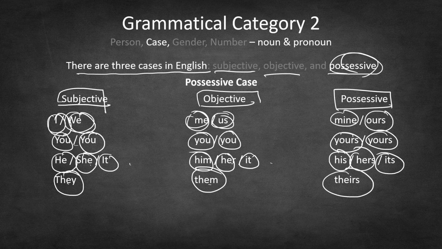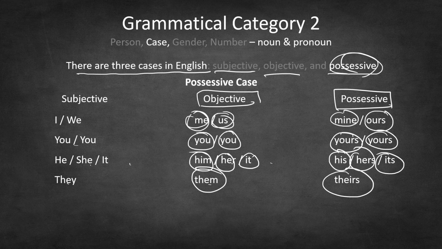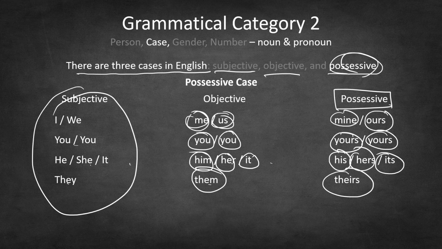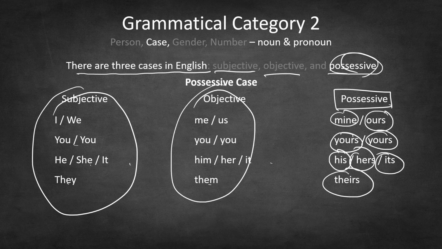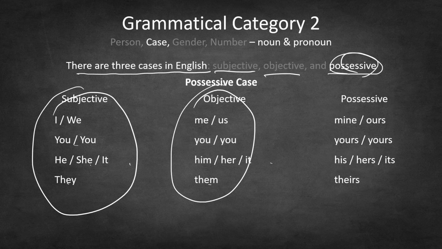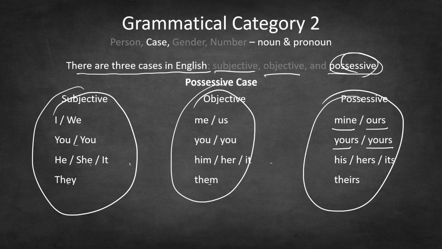Okay, I believe you have memorized subjective pronouns, and now you have memorized objective pronouns. And this time you need to memorize the possessive pronouns, which are these: mine, ours, yours, yours, his, hers, its, and theirs.